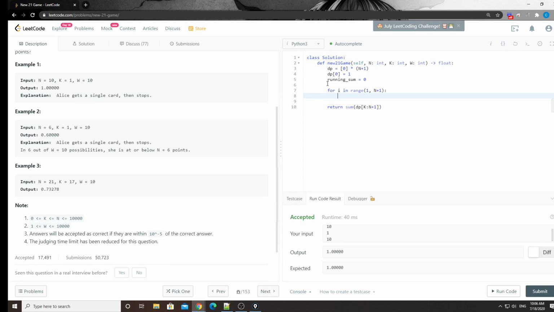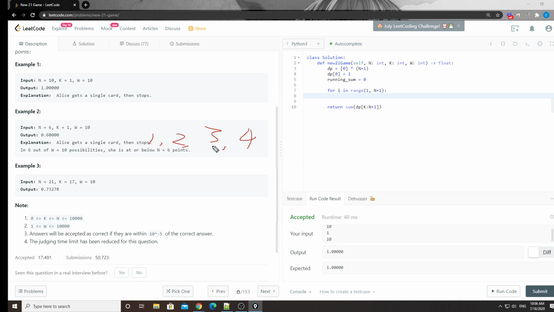So this is a little bit of a variance of the running sum. Most of the time when we're talking about running sum, it's the running sum including the current value, right?